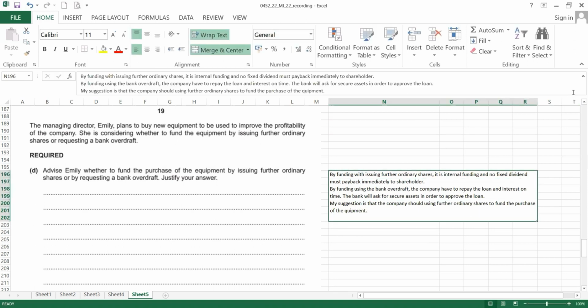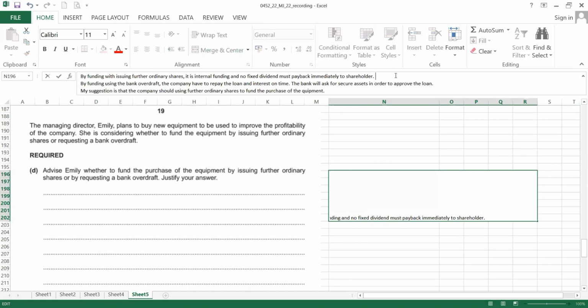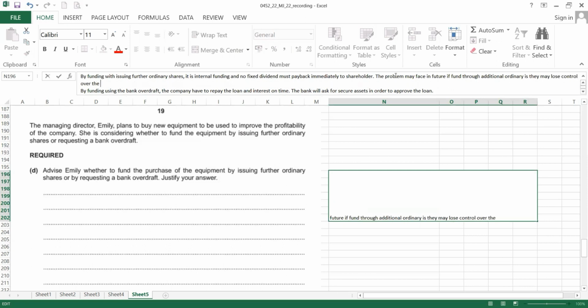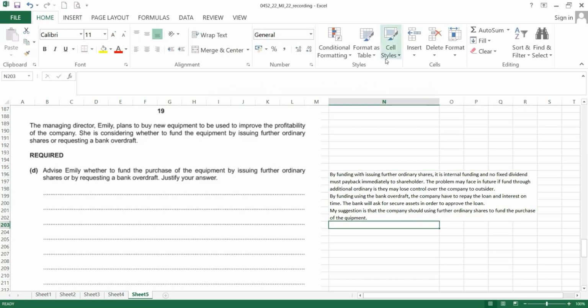There's one disadvantage of the internal funding, which is the problem they may face in future if funded through additional ordinary share: they may lose control over the company to outsiders. So this is a possible risk they need to take.